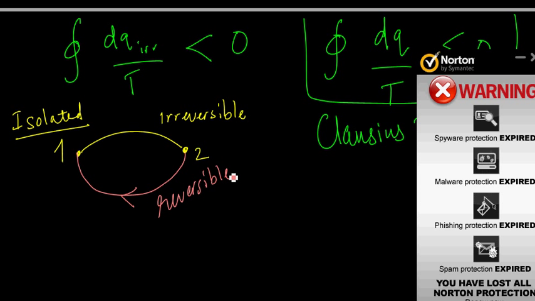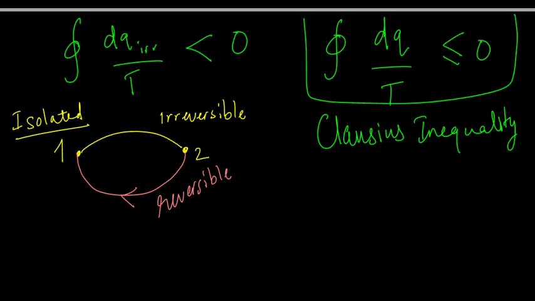And since I am going to make this reversible path over there, I have to make some extra effort. The system cannot be isolated anymore. So I might have to supply some heat, take some heat, do some work, whatever.